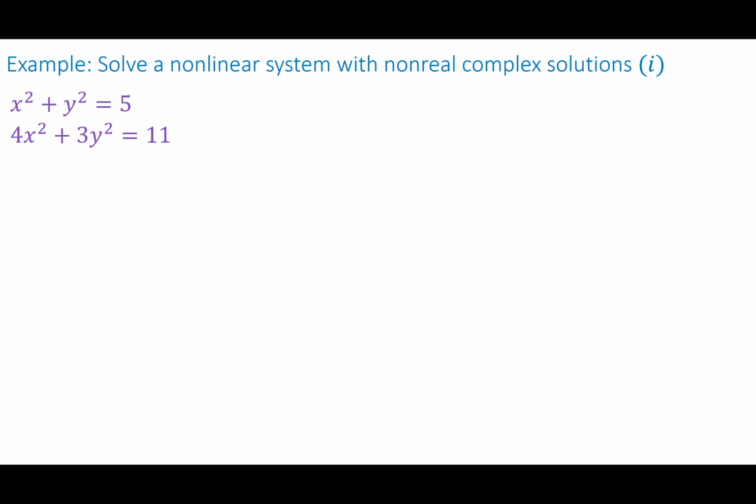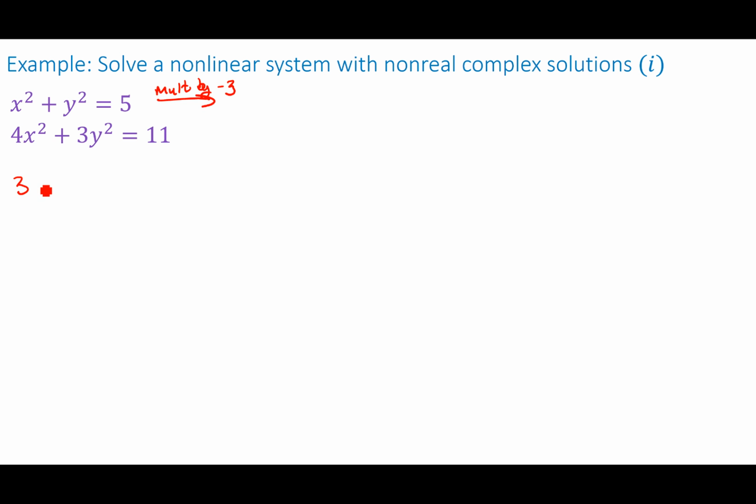Now let's look at non-real complex solutions. So x squared plus y squared equals 5, 4x squared plus 3y squared equals 11. I'm going to try to eliminate, and so I'm going to multiply this top. Let's go by -3. We'll eliminate the y first.